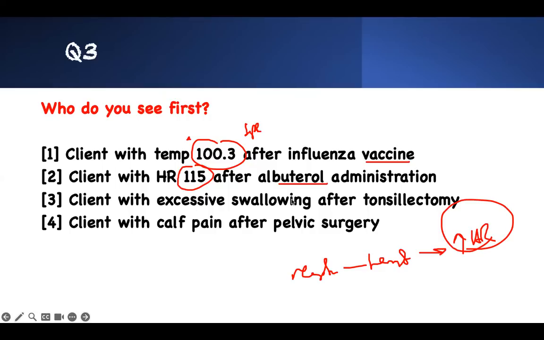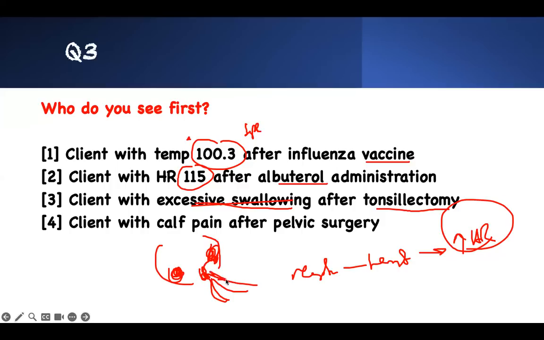Client with excessive swallowing after what? Tonsillectomy. Why would you swallow if they remove your tonsil? Remember, the tonsil sits here like that, and your epiglottis sits here, and your airway is here. Your esophagus is down here behind it. When they remove your tonsil, any bleeding will come here.